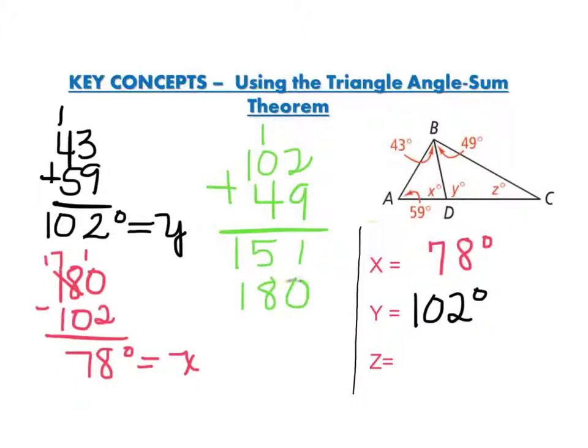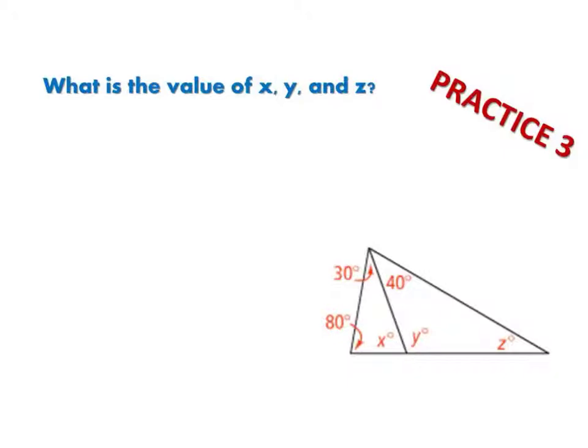I then take 180 minus 151, which gives 29 degrees. That's how you find the measures of those three angles. Here's practice problem 3. You're to find the value of x and y and z.